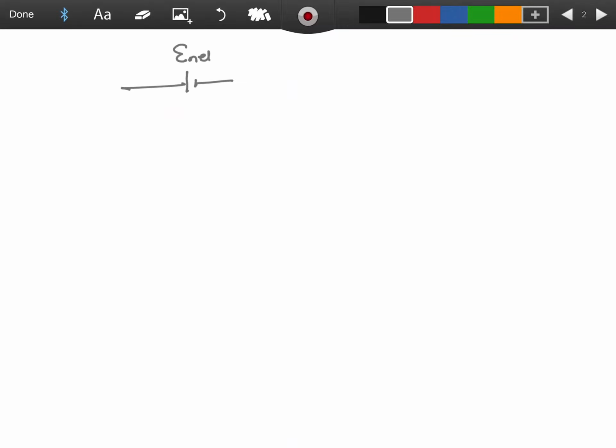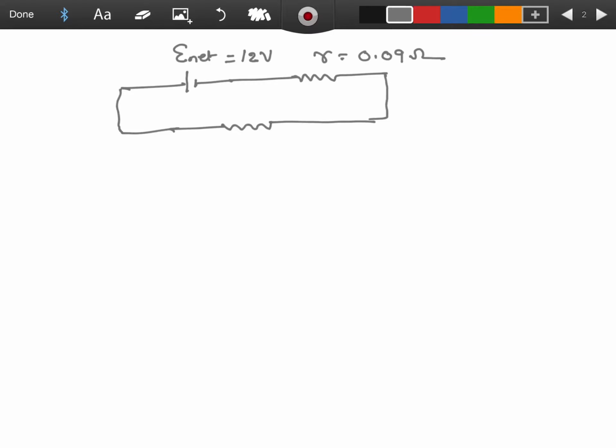I will represent this same circuit like this. I replace the previous circuit with this. Net EMF is 12 volt, net internal resistance is 0.09 ohm, and the load resistance is 8.5 ohm. Suppose the current drawn from this circuit is I, then I equals E by capital R plus small r.